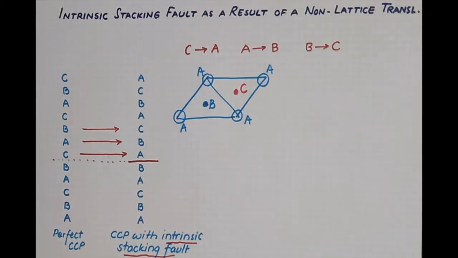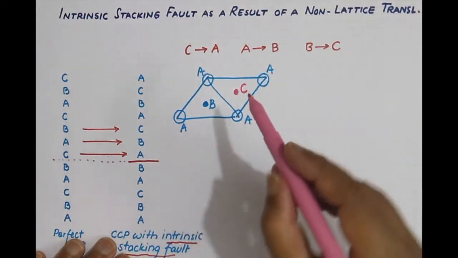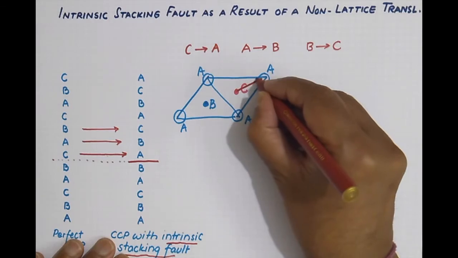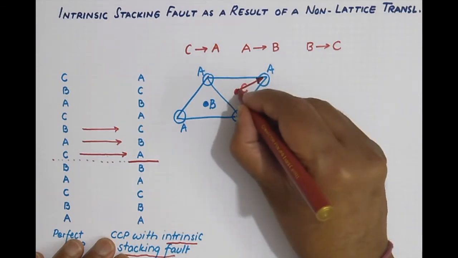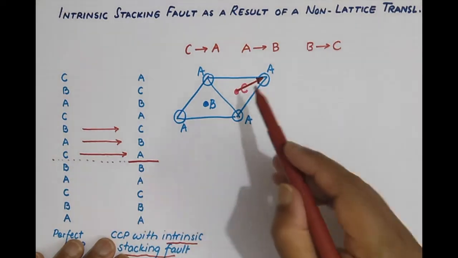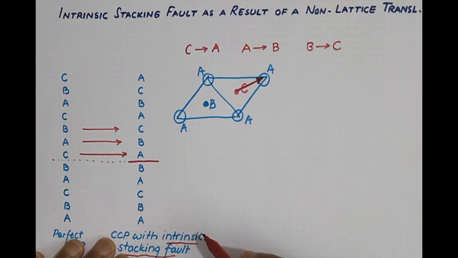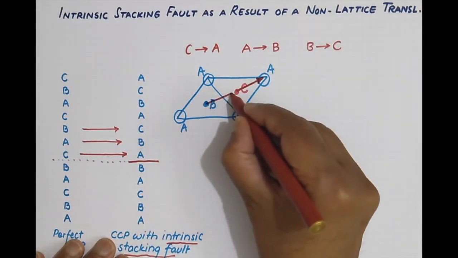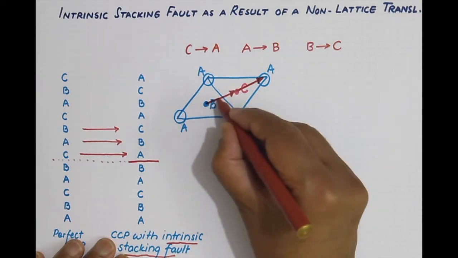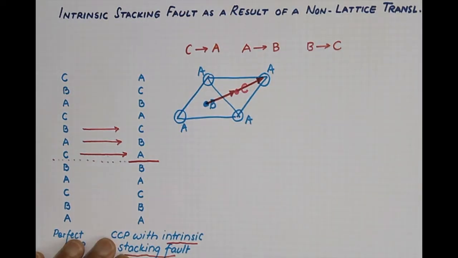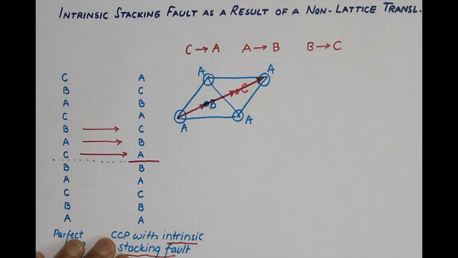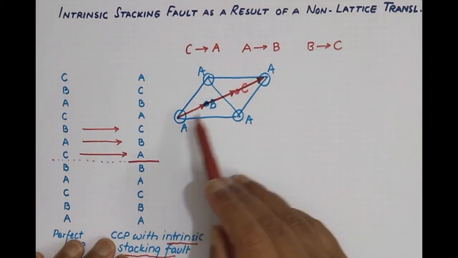So when we say C goes to A, that means we are talking of this vector. If I shift a C plane by this vector, a C plane will transform into an A plane. But you can see that the same vector will transform a B plane to a C plane because this vector is of the same length and in the same direction. And again, the same vector will transform A to B.